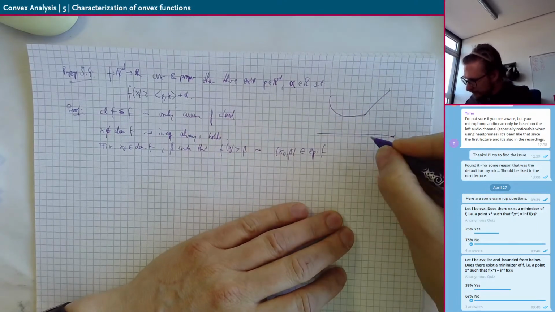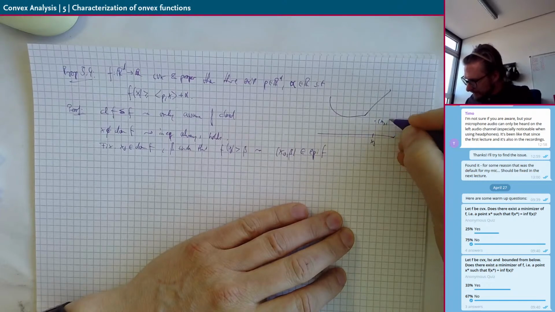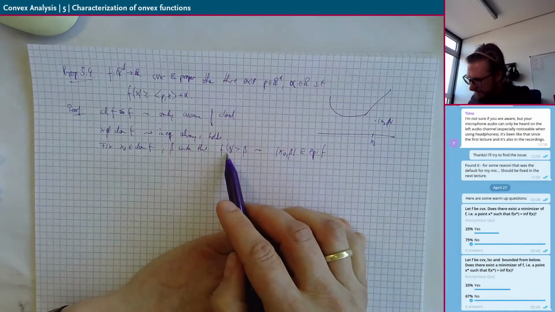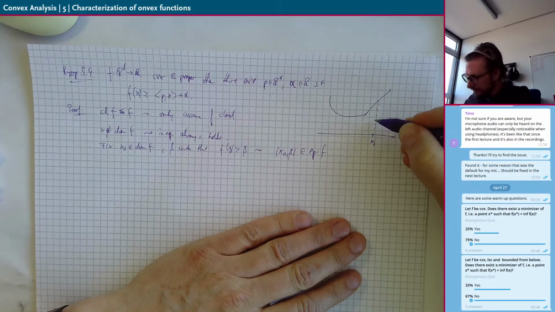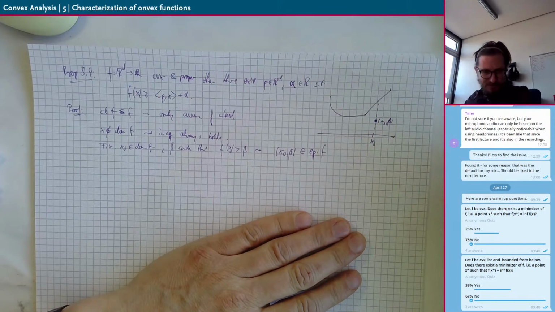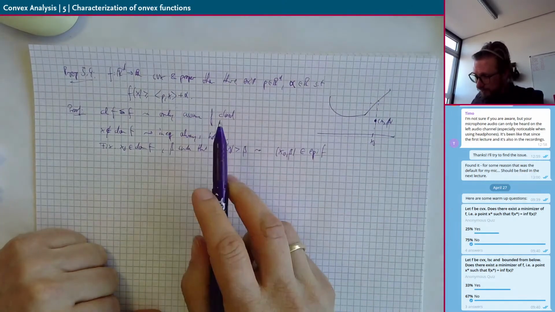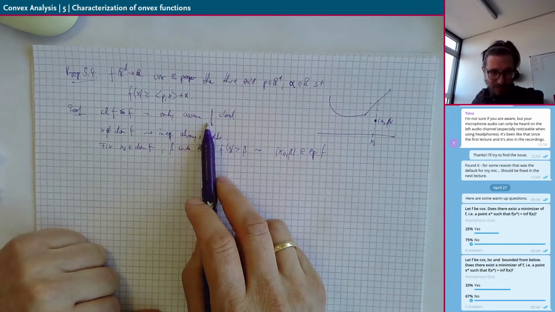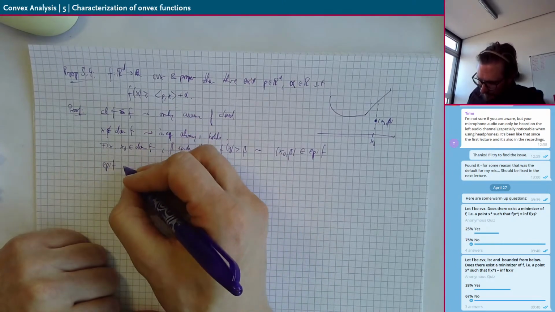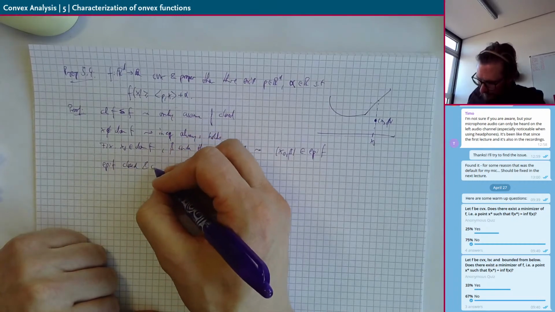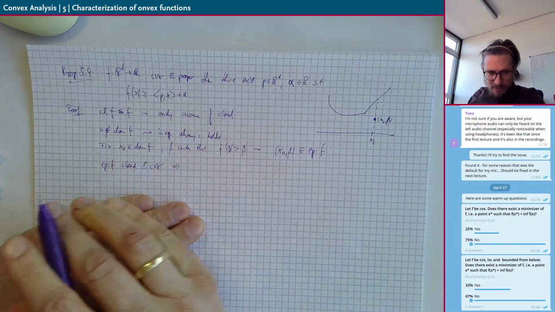We have fixed one x0 and the value beta, so that this is (x0, beta). The function value of f at x0 should be larger than beta. So this is the point here, and this is not in the epigraph. But this epigraph is now assumed to be closed, so by our previous consideration, the epigraph of f is closed and convex, and hence we can separate it from the point.